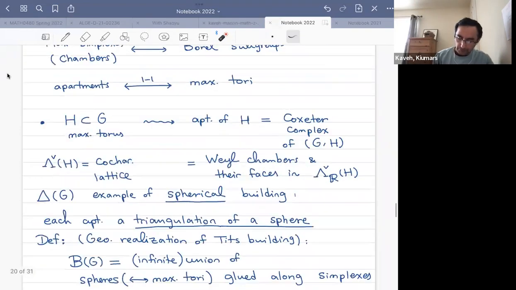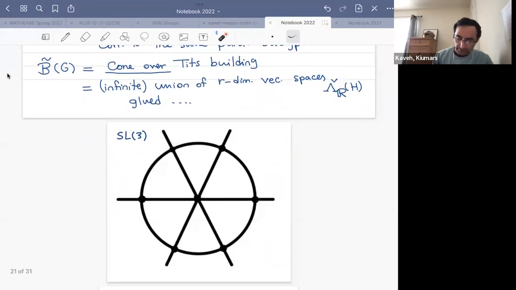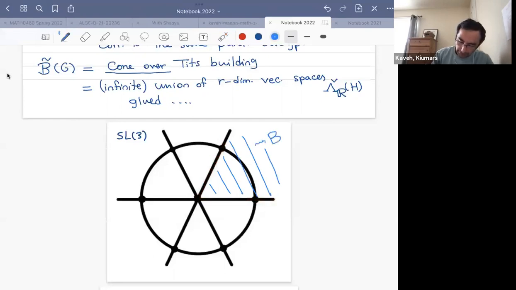Okay, and then hopefully you may remember from the theory of Lie groups and algebraic groups that each face. If I fix a Weyl chamber and call it the positive Weyl chamber, then the parabolic subgroups are the subgroups that contain that. So it corresponds to a choice of Borel B. Okay. So we fix a Borel.